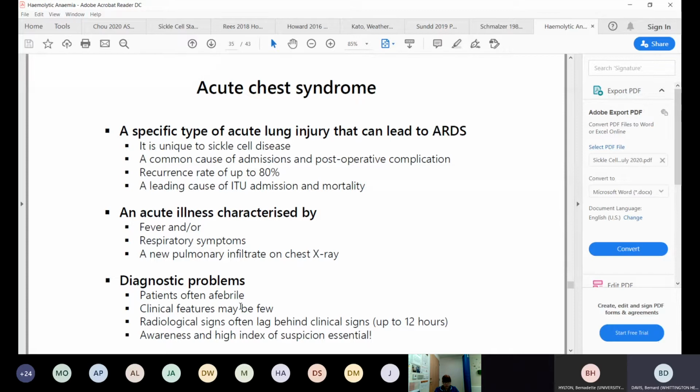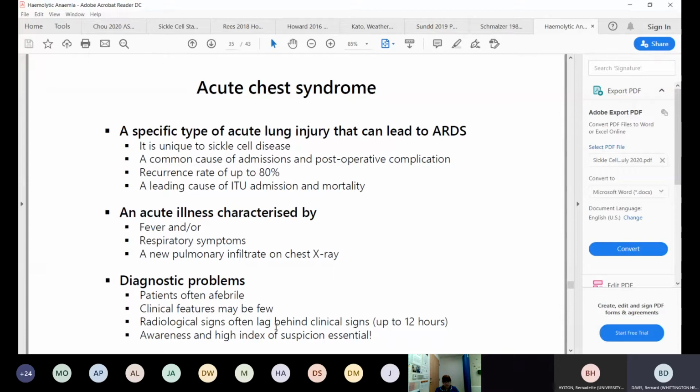The problem, though, is this: that the patient may be afebrile, in fact, frequently don't have a fever when they have acute chest syndrome. When you examine them, you may find that they don't have clinical signs, so the chest signs may be absent. If chest signs are there, they're usually crackles and so on.